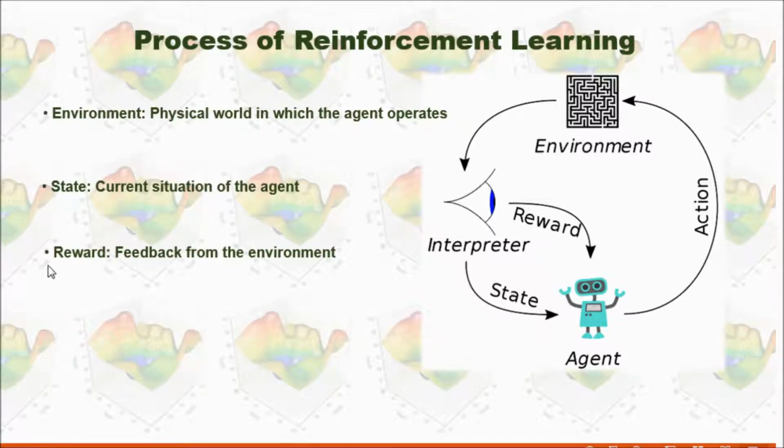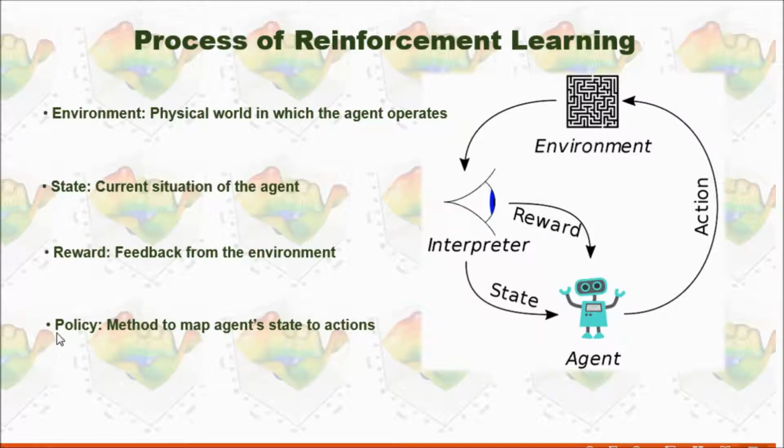And then we have reward. That's feedback from the environment. That is saying, okay, once the agent entered this maze, once he gets out, he will get a reward. For example, 100 points. Otherwise, he can't get any reward.